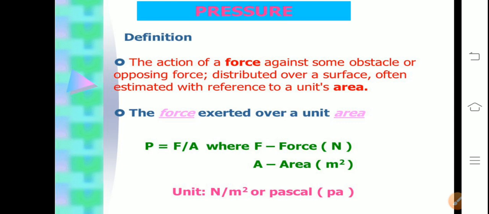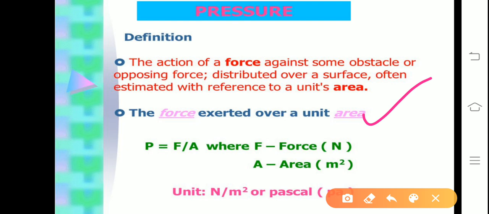Okay, let me give the definition. A force exerted per unit surface area is called what? Pressure. The force exerted per unit surface area is called pressure. So P is equal to F by A, where P is the pressure, F is force, and capital A is area.